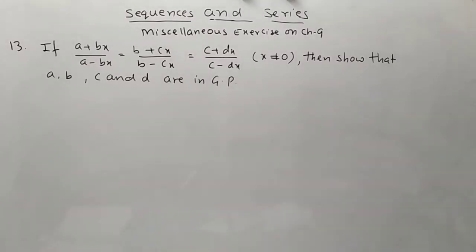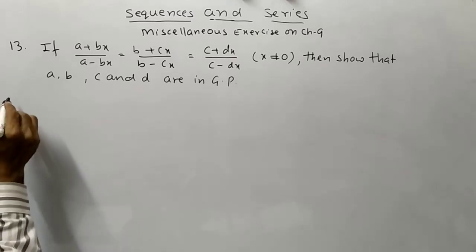Question number 13. If a plus bx divided by a minus bx is equal to b plus cx divided by b minus cx is equal to c plus dx divided by c minus dx, where x is not equal to 0, then show that a, b, c and d are in GP.